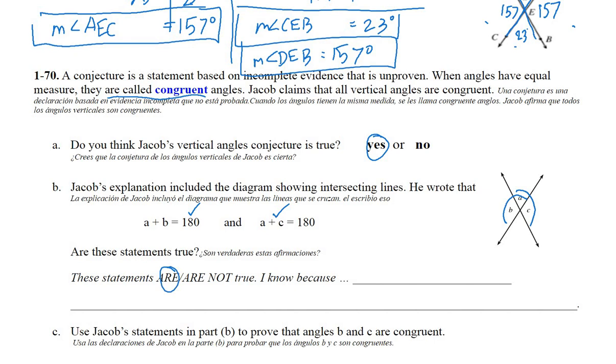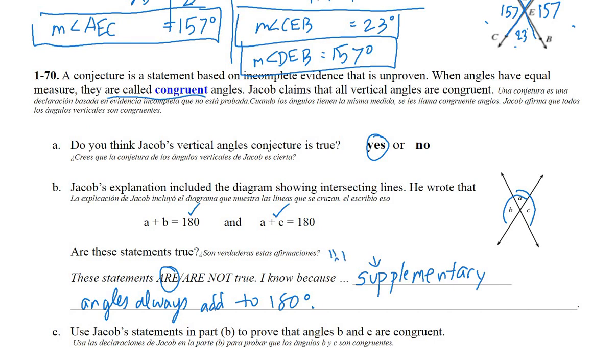I know because supplementary angles always add to 180 degrees. Supplementary means on a straight line, angles on a straight line, or a straight line pair.